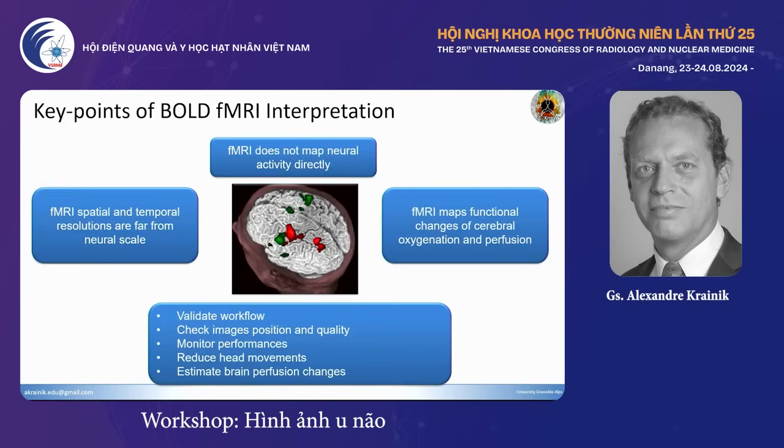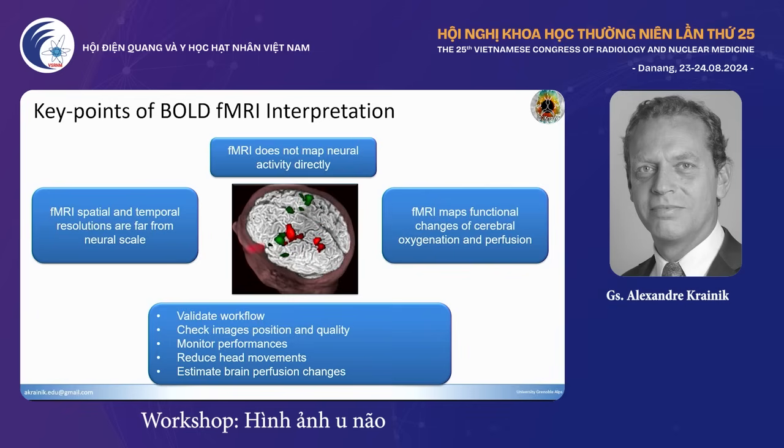The fact is that fMRI does not map the neural activity directly. It's not like, I don't know, EEG, it's not electrophysiology. We only monitor change in oxygenation and perfusion along time, which are related to neuronal activity, but it's not the direct mapping of the neural activity.